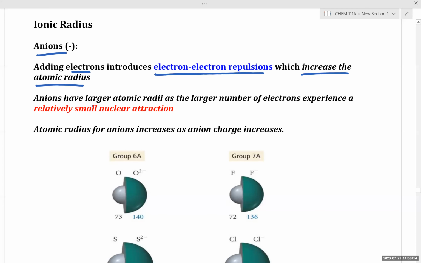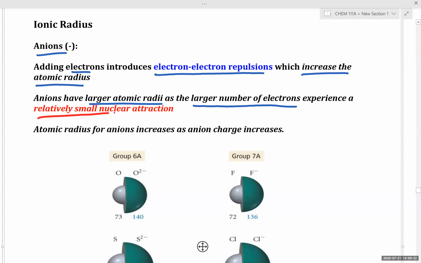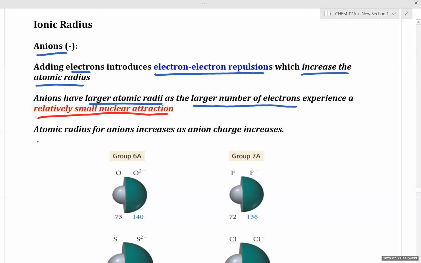Further, anions have a larger atomic radius as you have a large number of electrons experiencing a relatively small nuclear attraction, because we haven't changed the number of protons, we've just piled on more electrons. The atomic radius for anions almost always increases, and it increases quite dramatically as your anion charge increases.